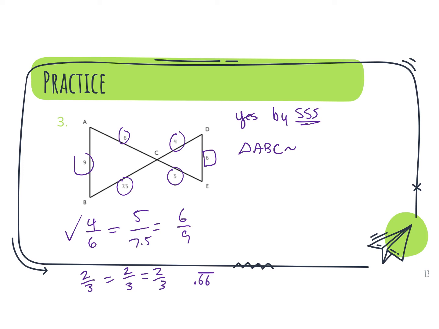So A is going to match up to D. B matches up to E, and C matches up to F. Okay, how do I know that worked out? Well, A is between shortest and biggest. D is between shortest and biggest. B is between biggest and middle. E is between biggest and middle. That's kind of how I know where they are.